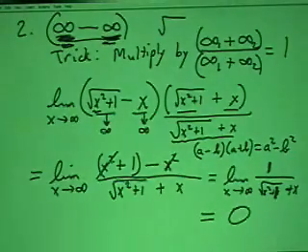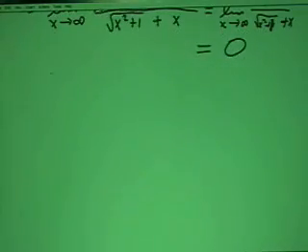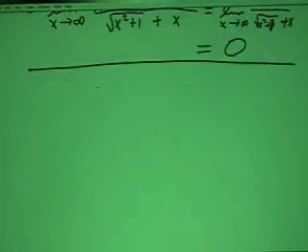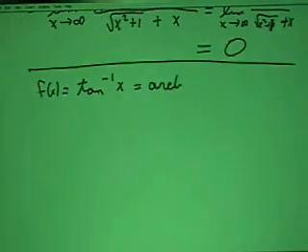Okay, one last thing, and this is an example I don't even need a new page for. This happens to be my favorite function, and that is the inverse tangent. Also known as arctangent. So arctangent of x has a graph that looks like this.